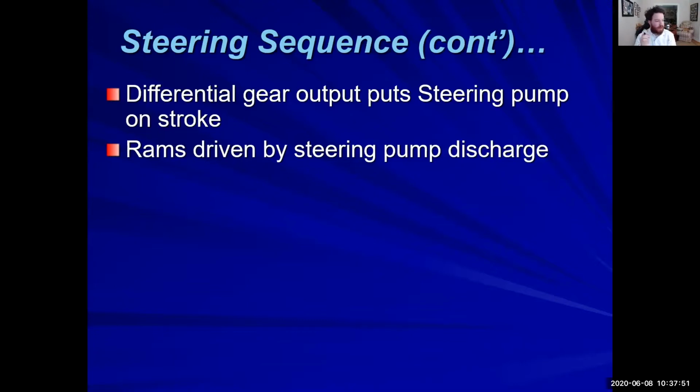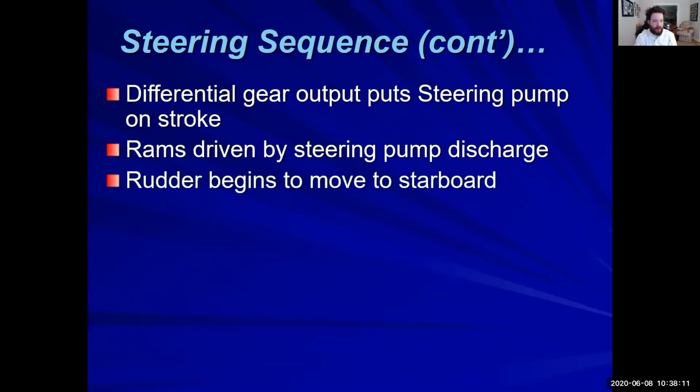As soon as that tilt box slightly starts to move, we're going to have a suction and a discharge. The rams are going to start to move because we now have output from our actual steering gear pump, our axial pump.